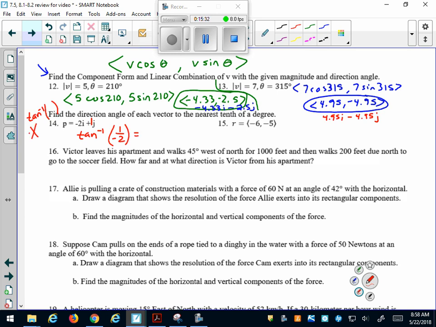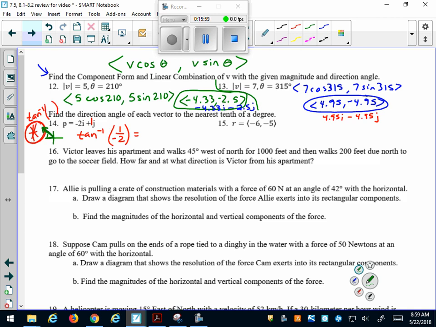Now, just be careful here, because this is where you have to think about it as if this was moving from the origin. So think about the coordinate plane or the unit circle. If you were going to move from the origin negative 2 and up 1, this vector would be in the second quadrant.